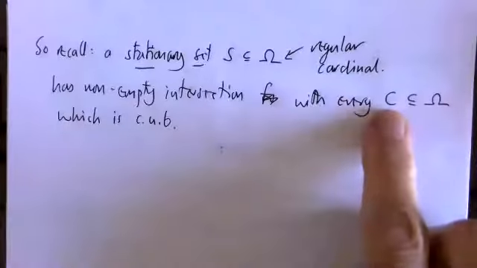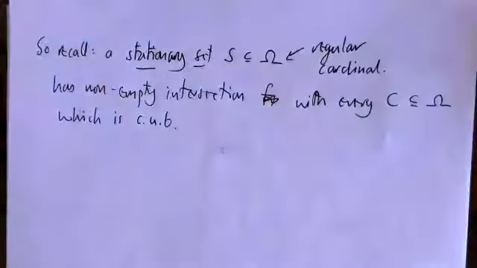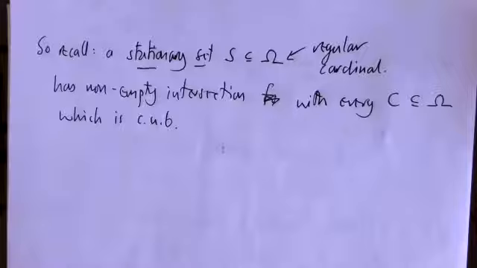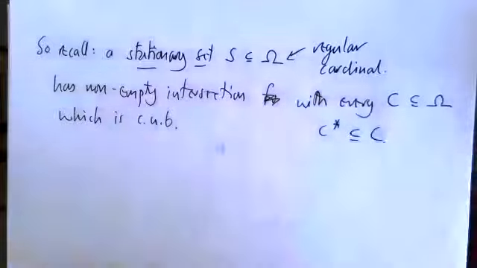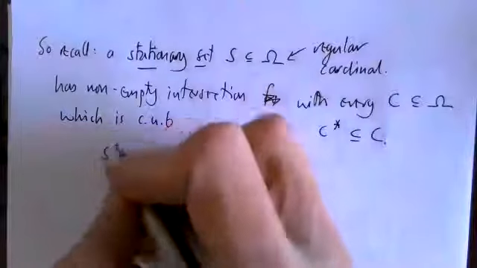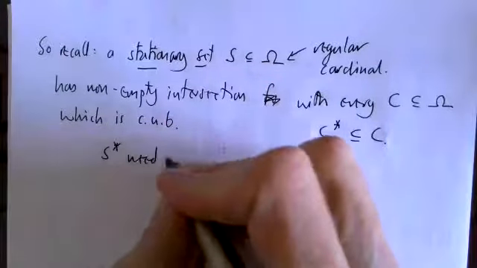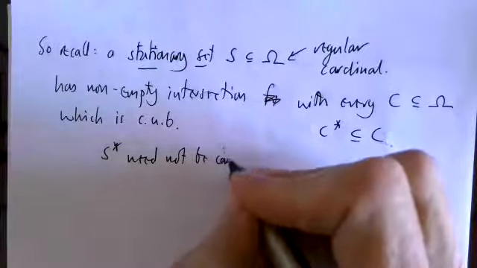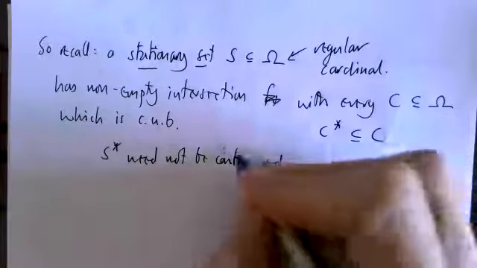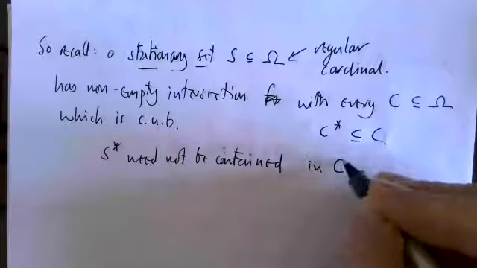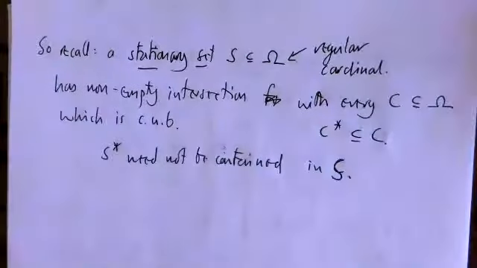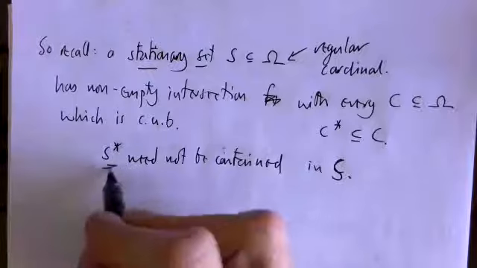If we think of C as being thick, S is sort of like semi-thick. Whereas C contains all of its limit points, S needn't contain all of its limit points. It will have to contain some of its limit points in order to be stationary, but it needn't contain all of them.